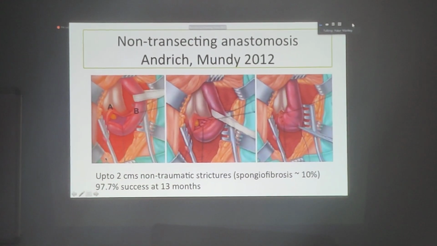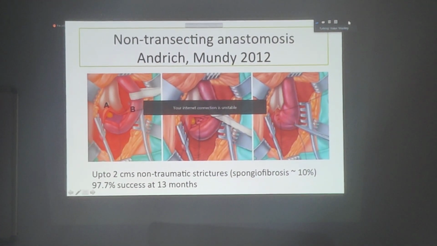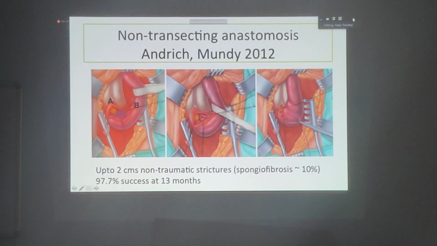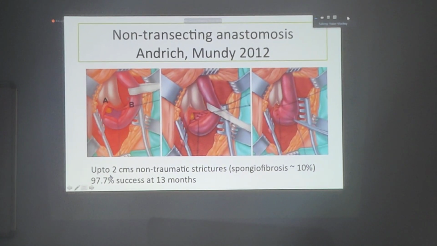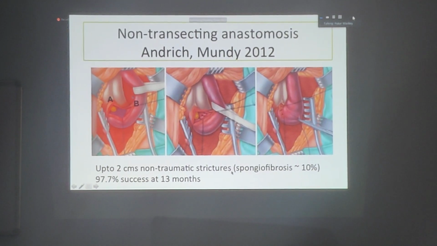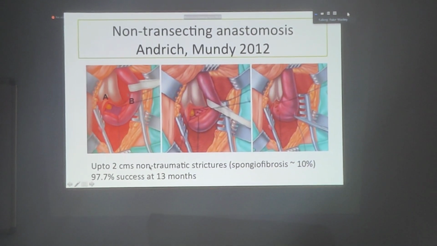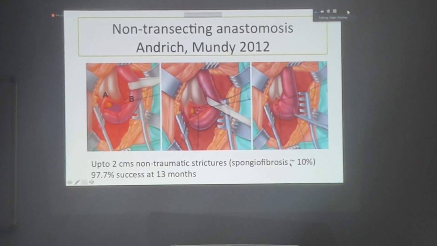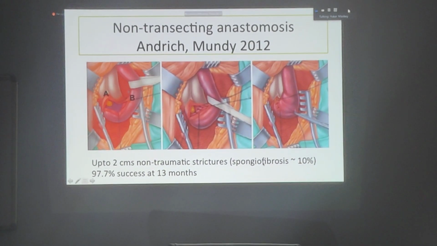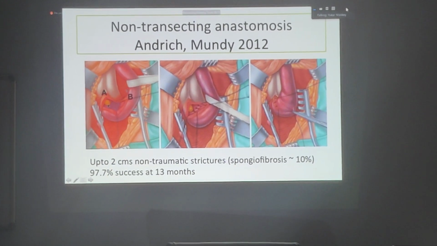So coming to the non-transecting technique, the team of Anthony Mundy described non-transecting anastomotic urethroplasties for strictures up to 2 centimeters, and their indication was non-traumatic strictures. Their hypothesis was that in non-traumatic strictures, the extent of spongiofibrosis is around 10%. It is not 100%.